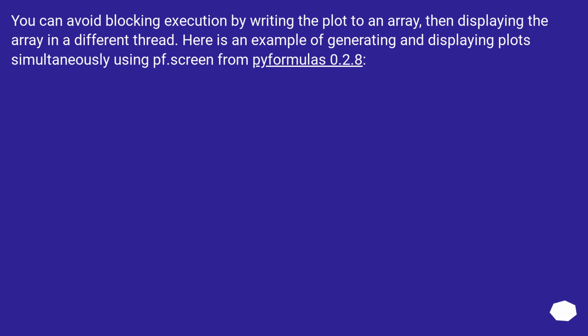You can avoid blocking execution by writing the plot to an array, then displaying the array in a different thread. Here is an example of generating and displaying plots simultaneously using pf.screen from PyFormulas 0.2.8.